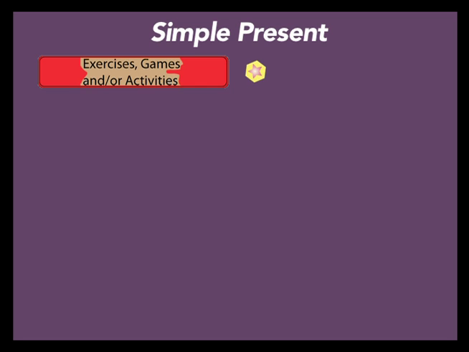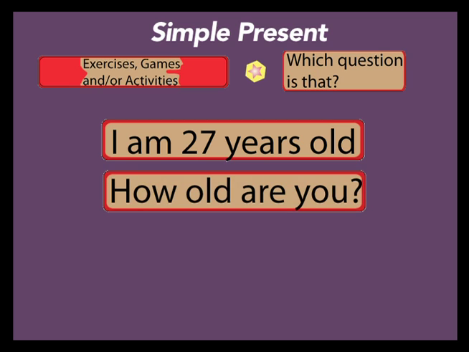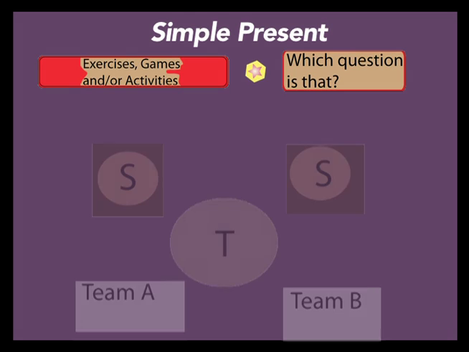The other game is Which Question Is That? I'll write a bunch of sentences before the class, and they try to figure out which question was asked to get that answer. If you have a small class, you can just do it in a circle. If you have a larger class, you can do it as a team game.